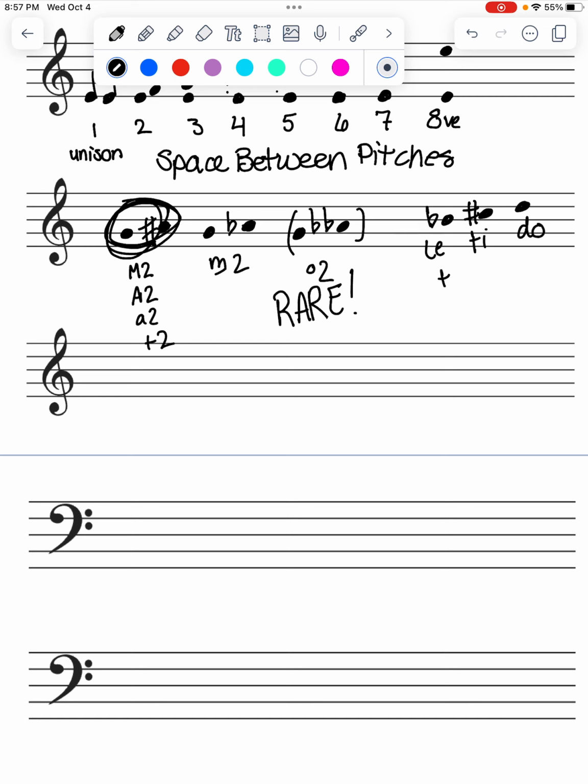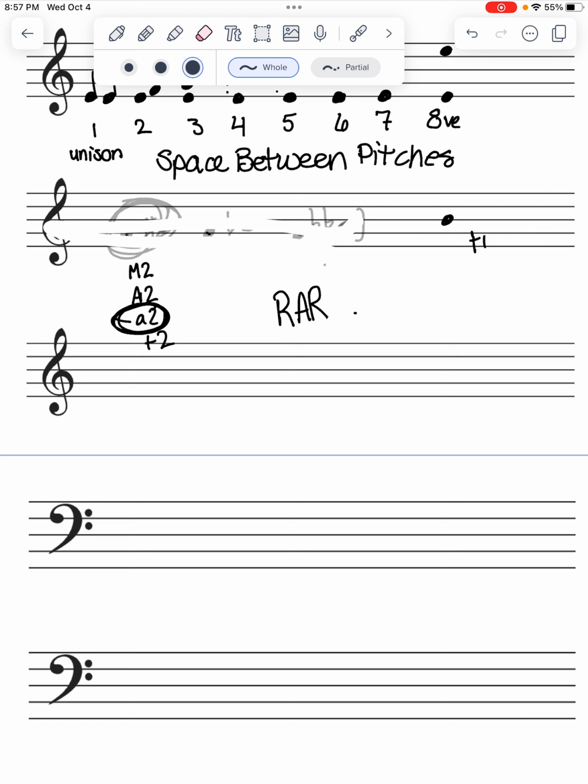There's our augmented second. They do show up. So you will see an augmented second way more than you're going to see a diminished second. That just doesn't happen most of the time. But it's okay. We're all going to live. We're going to be fine. But yes, the augmented second shows up every now and again.